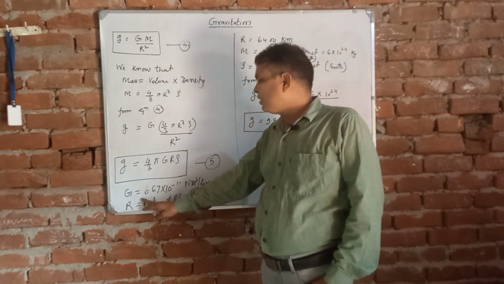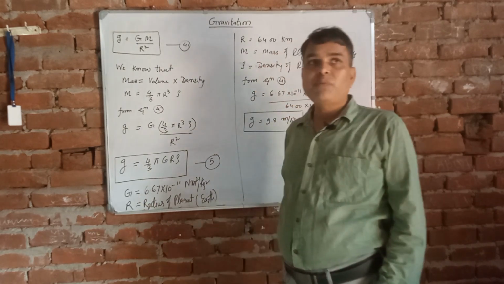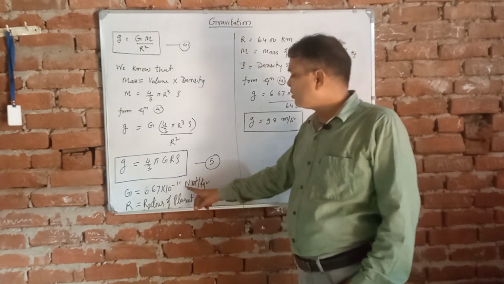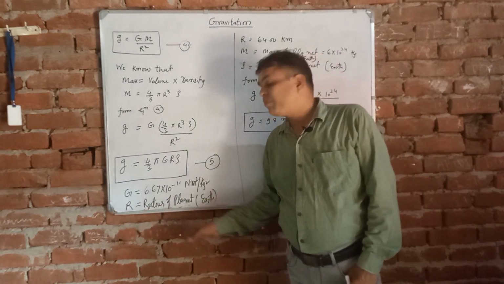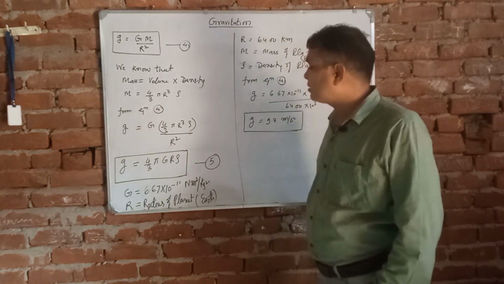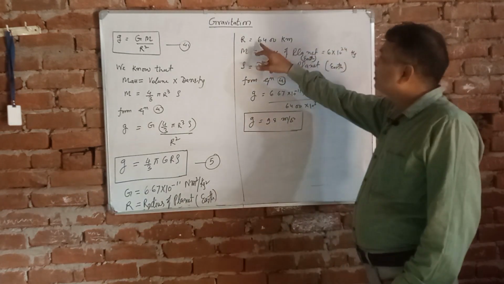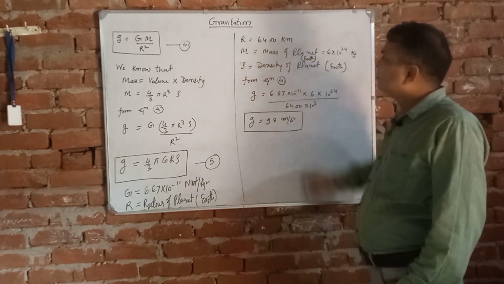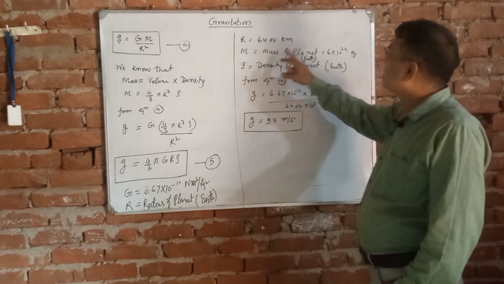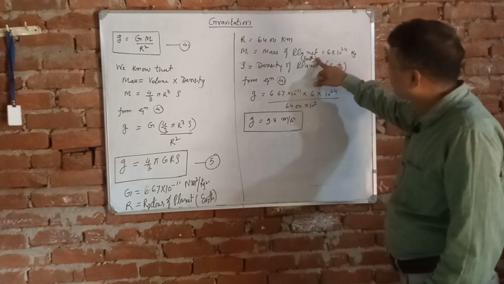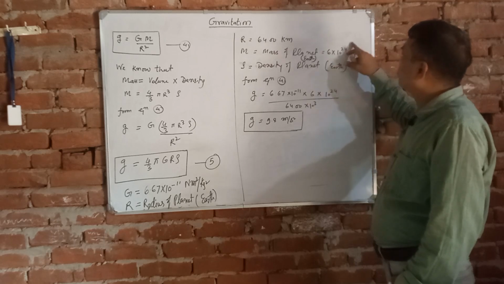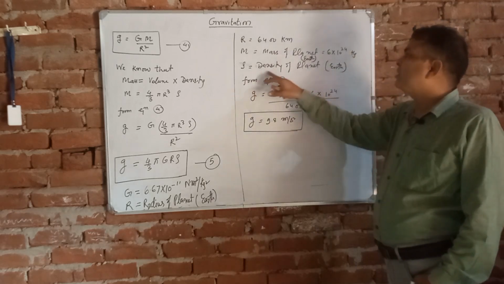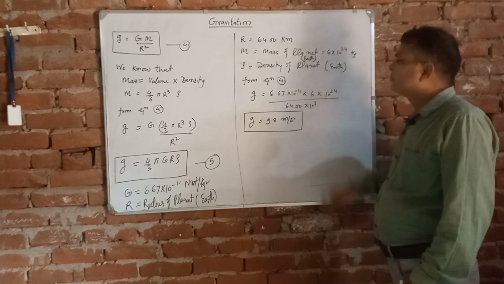The value of G is 6.67 into 10 to the power minus 11 Newton meter square per kg square. What is r? R is the radius of the planet. In this case the planet is earth, which has a value of 6400 kilometer. M is the mass of the planet. Here we consider earth, which has a value of 6 into 10 to the power 24 kg, and rho is the density of the planet, that is earth.